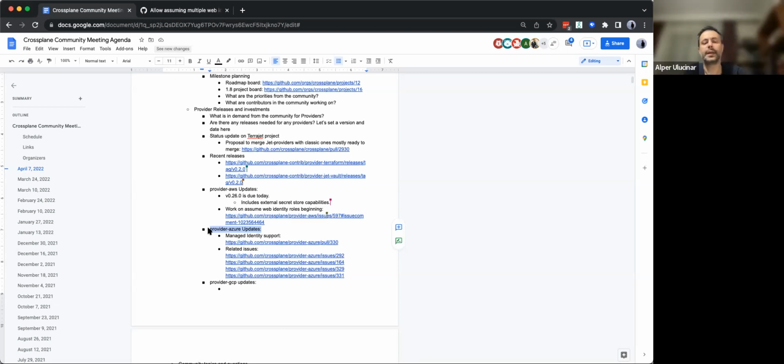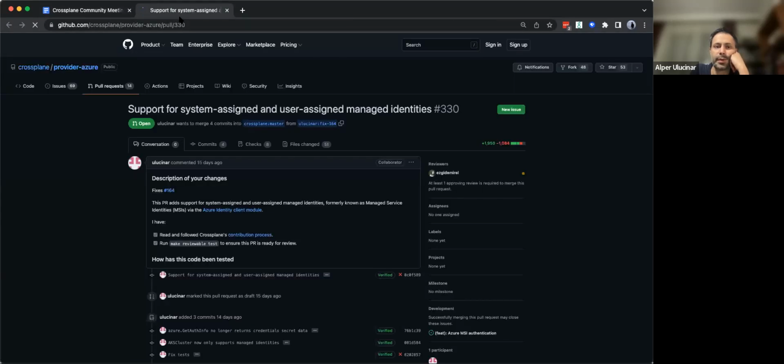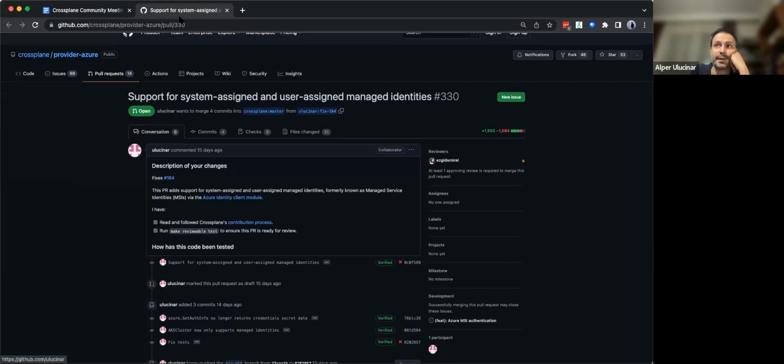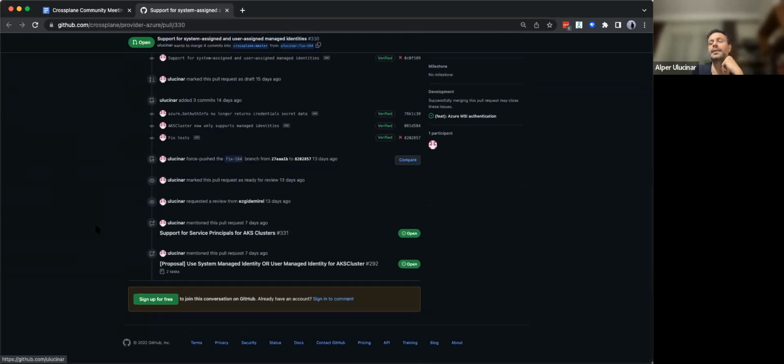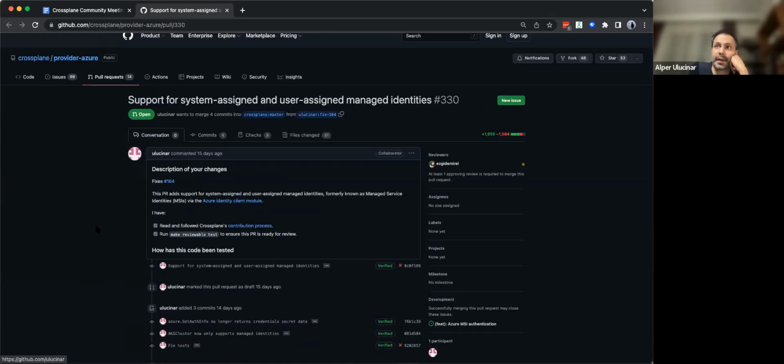Yeah, sure. Regarding provider Azure, there's an open PR that introduces support for user assigned and system assigned managed identities. As part of this PR, we also had to visit an issue in AKS clusters. There was an open issue requesting support for managed identities in AKS clusters.